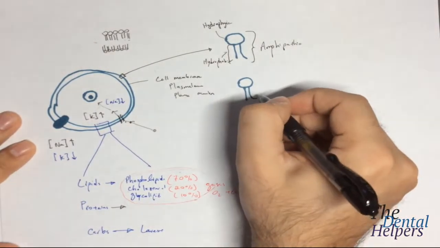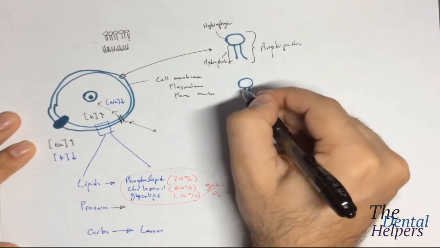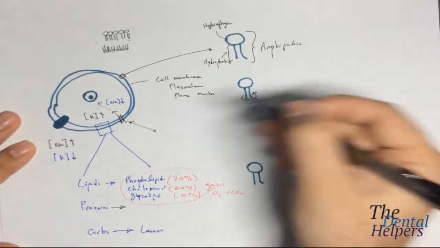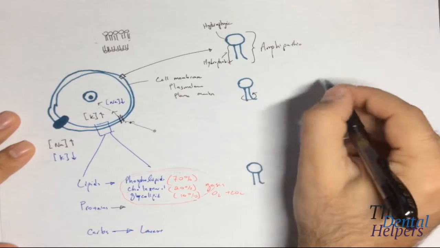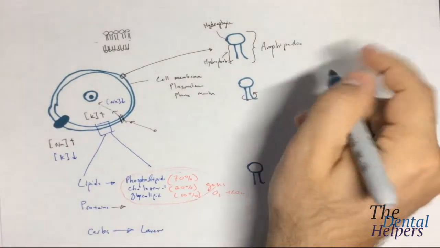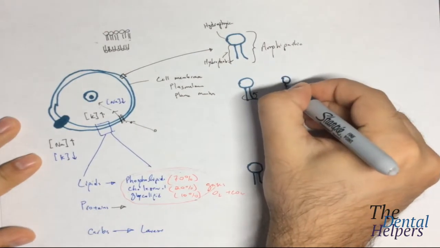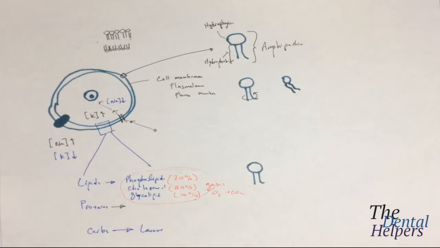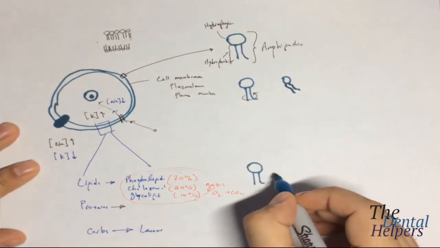So one way that this lipid can move around is it can do rotation, so it can rotate along an axis. The other is we can have the fatty acid groups bend, or they can undergo lateral diffusion.